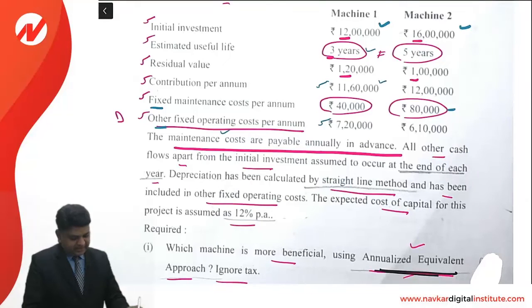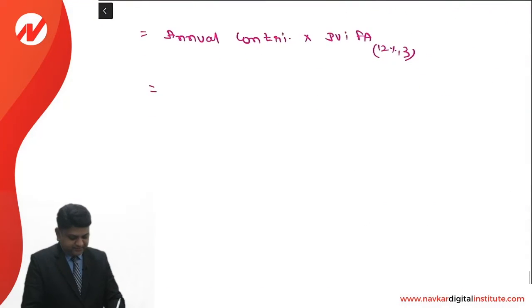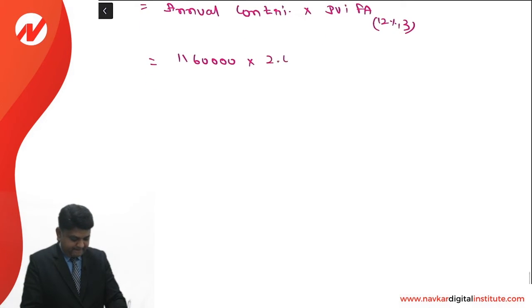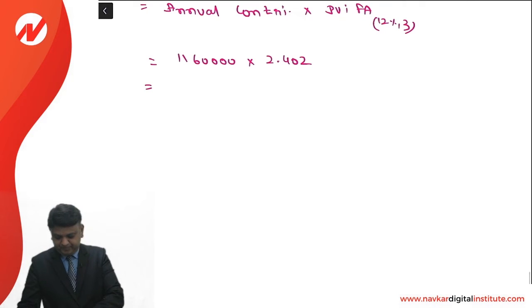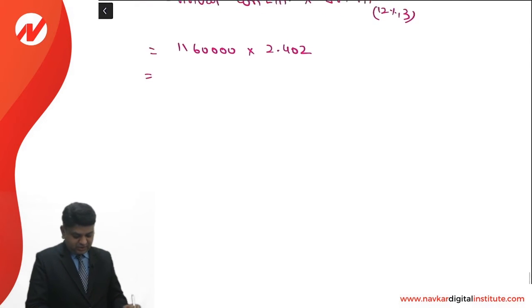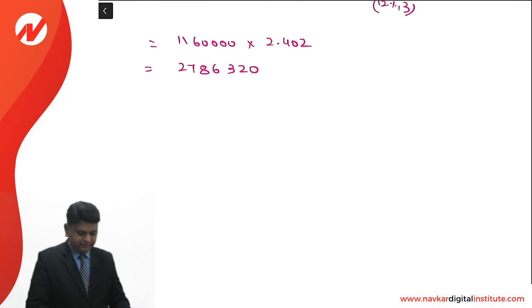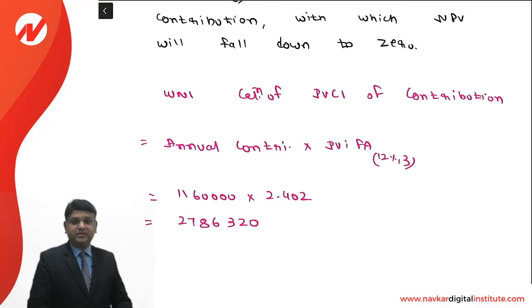It is an amount of rupees 11,60,000. So we will have working of the answer like this: 11,60,000 into PVIFA 12% for 3 years is 2.402. It comes to 27,86,320. This is the present value of cash inflow of contribution.